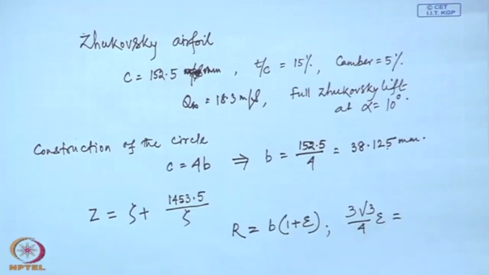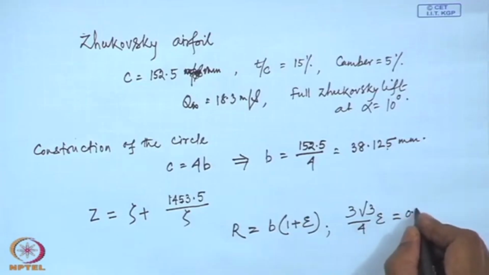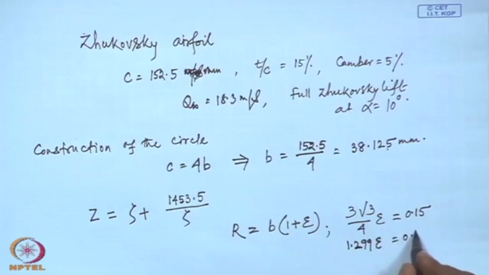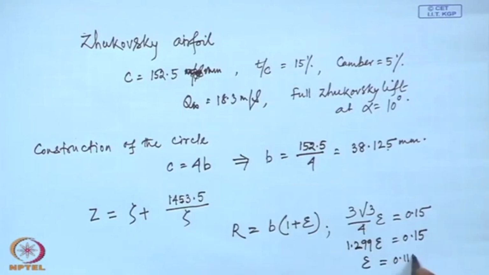How much is that? 0.15. This 3 root 3 by 4, you can remember this value is 1.299, that is what is taken. 1.299 epsilon equal to 0.15, that gives epsilon equal to 0.1155.